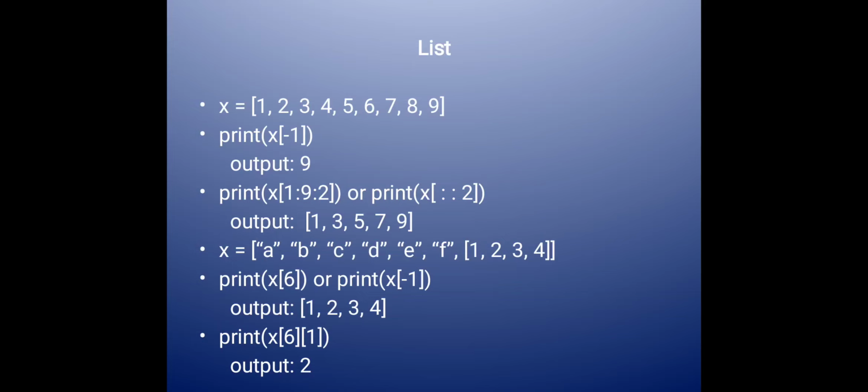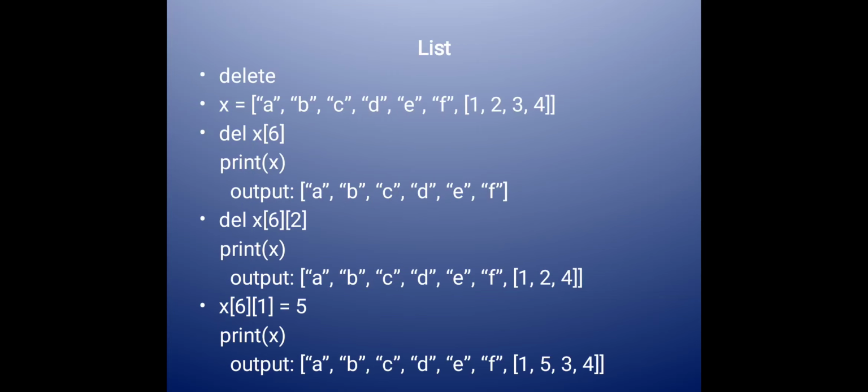So print of x of 6 of 1 will be 2. You got it right? That means x of 6 will be what? The nested list, that is 1, 2, 3, 4 inside the x. Then a 1 is there. That 1 is pointing towards that nested list. 0 is pointing to 1, 1 is pointing to 2. So the output will be 2.